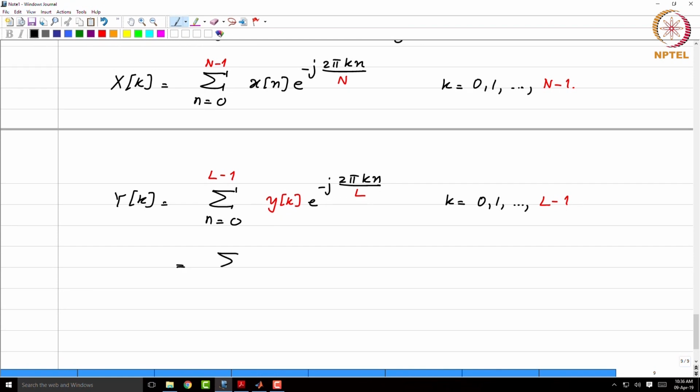So this is nothing but n going from 0 to N minus 1, and this should be y of n. So this is x of n e to the minus j 2 pi k n by L. This remains exactly the same.